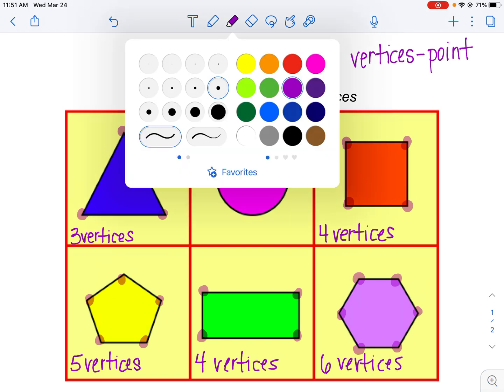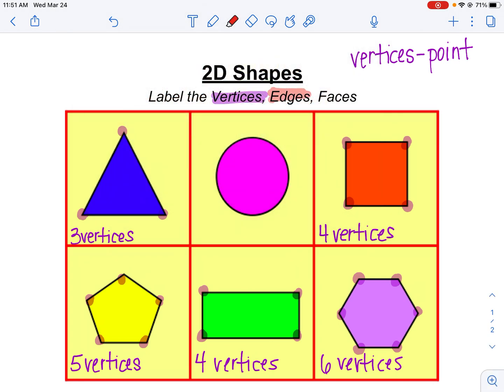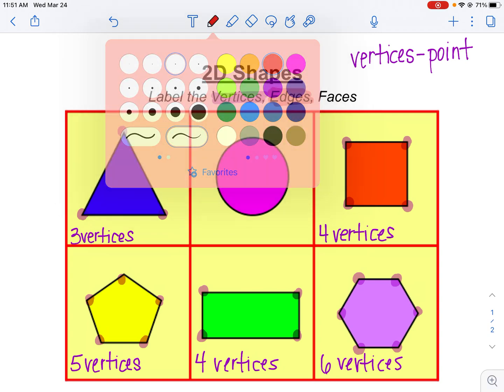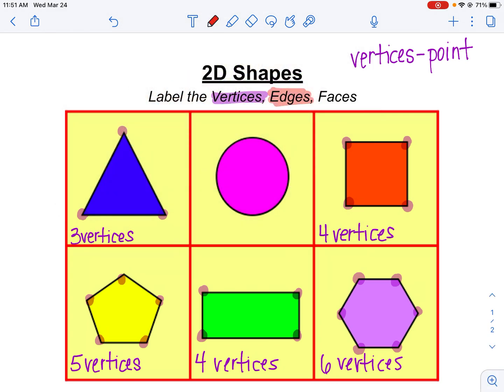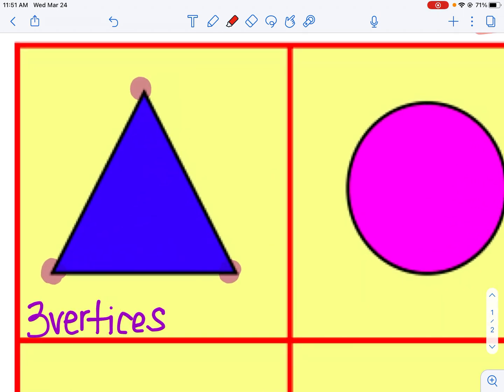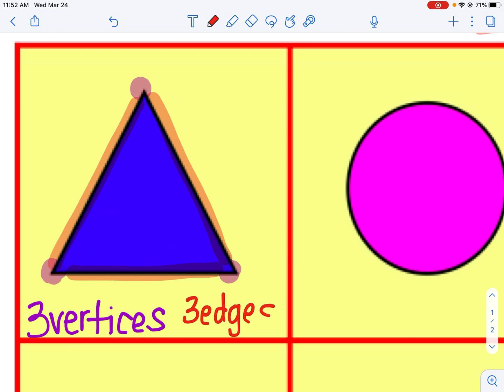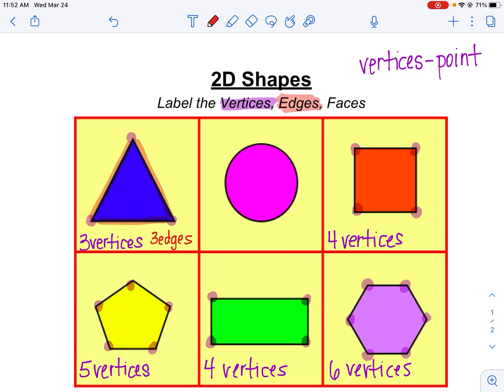So moving on, we're going to talk about each shape's edges. And edges deal with a line on a shape. So when I go over to the triangle, I have 1, 2, 3 edges that connect to those vertices. In a square, I have 4 edges.